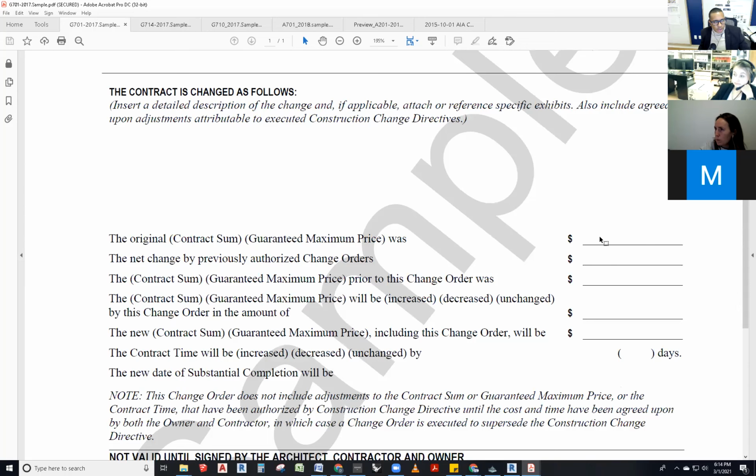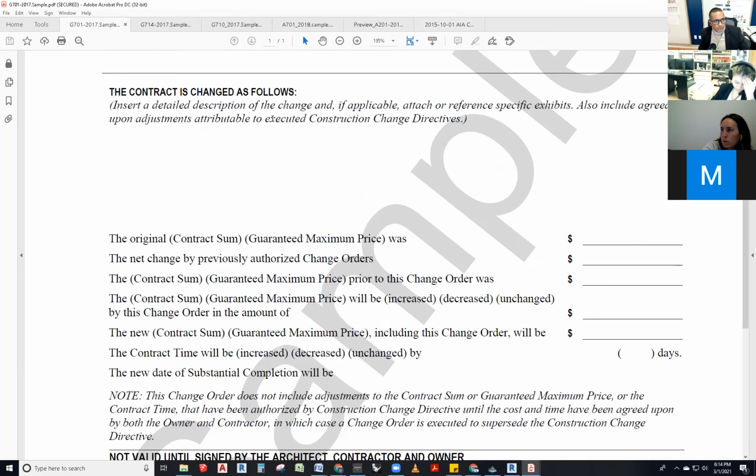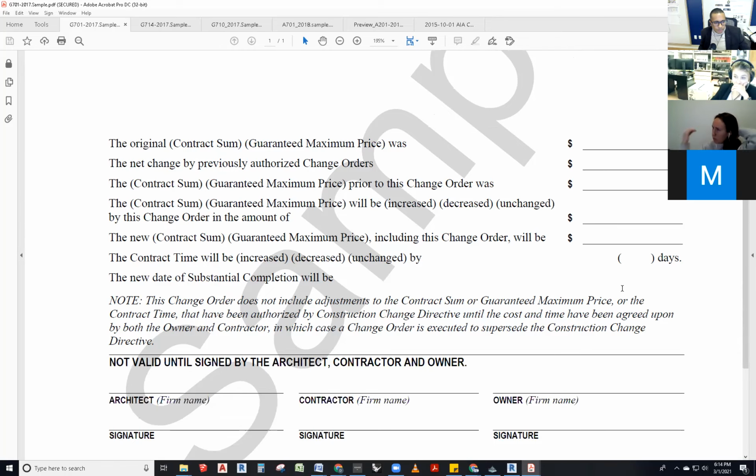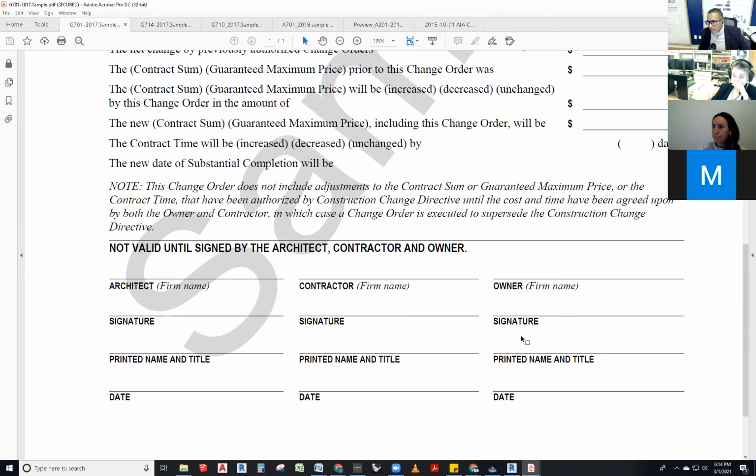It outlines the costs associated with the original contract as per the A101. It outlines the net changes, either in time, contract sum, or scope of work, but typically it's time and cost. It is not valid until it's signed by the architect, contractor, and the owner. The three of them sign it. And that's an attachment to the A101, which is the contract between the contractor and the owner.